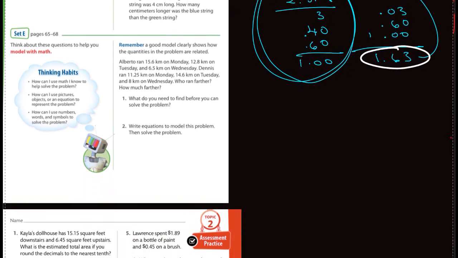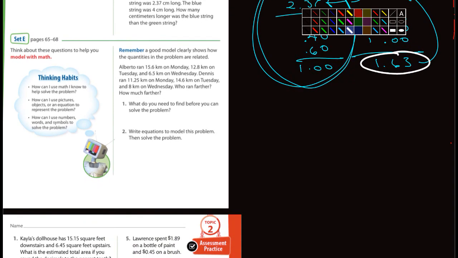All right, set E. What have we got here? So answer these questions. What do you need to find before you can solve the problem? Think about that and write down your answer. Number 2, write equations to model this problem, then solve the problem.